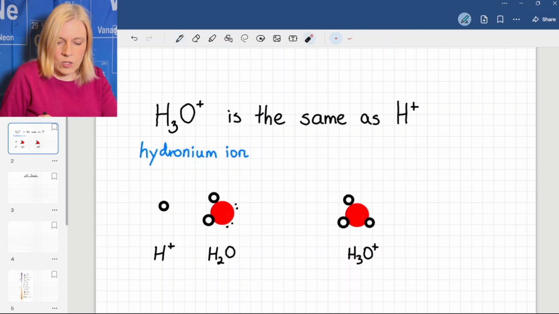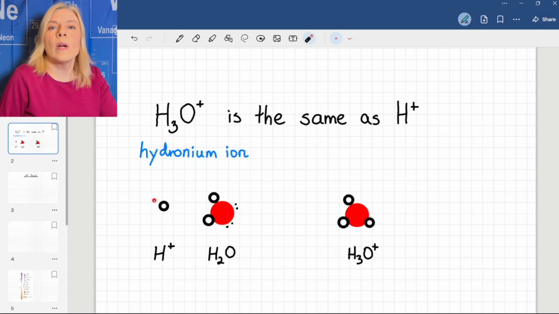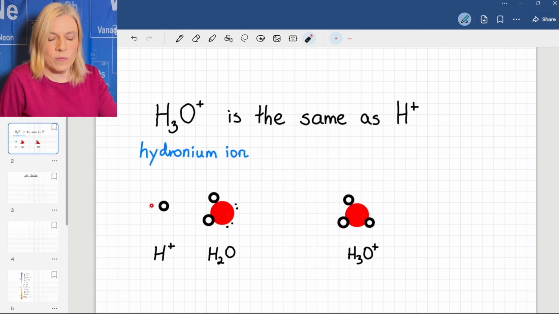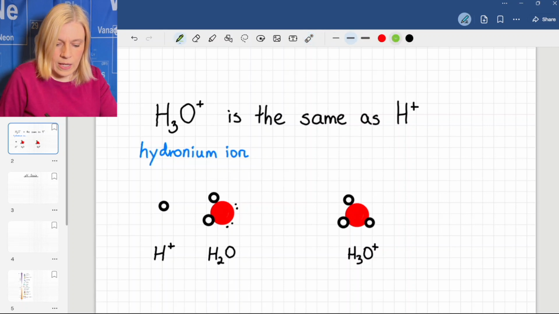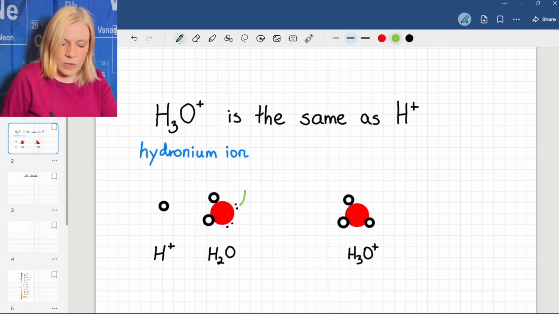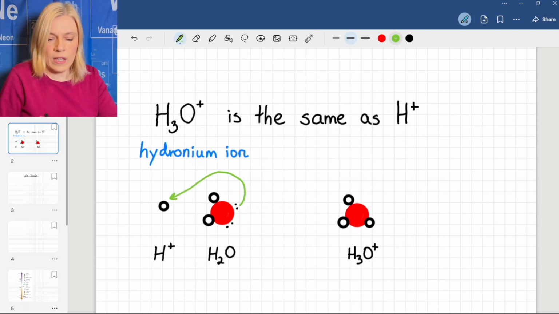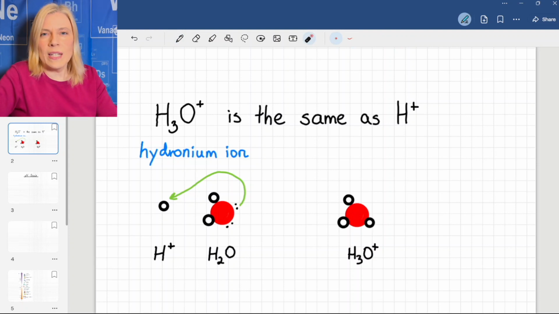When we have an H+ by itself, there's no way it can swim by itself between water molecules, because right away these electrons will be so attracted to it that they will attack it and attach it to the water molecule. So here it is. H+ is, as I call it, a lazy chemist way of writing H3O+. Everyone understands that H+ doesn't exist on its own, but we can quickly write that.